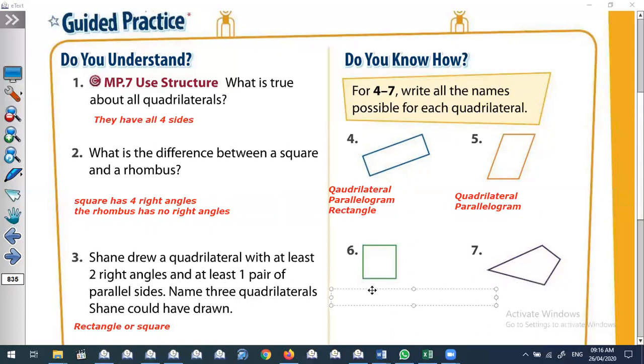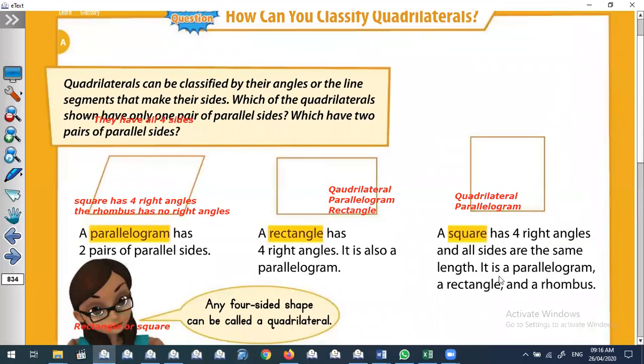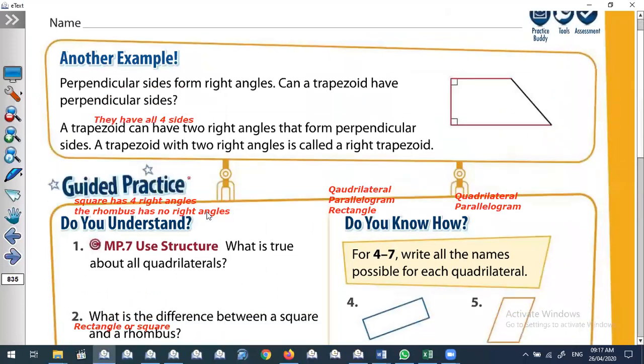This shape is a square, and the square can be quadrilateral and also rectangle and also rhombus and also square. Square is the king of the shapes. It has all names like that. If you see the previous page here, square, parallelogram, rectangle, and rhombus.